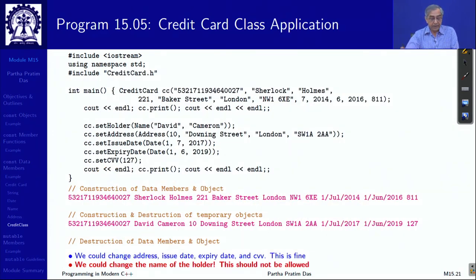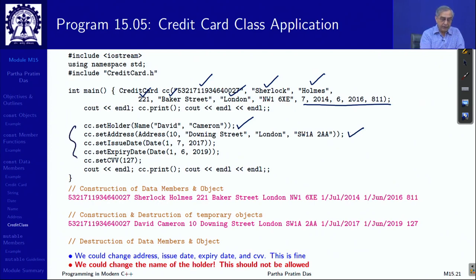Now, I write an application with that. So, this is the object I am constructing, the card name, the holder's name Sherlock Holmes, the holder's address 221B Baker Street in London, and so on, and the date of issue and all those. These are all obviously meaningless data, and I can change that to the name of say Mr. David Cameron residing in 10 Downing Street, change the date and all that.